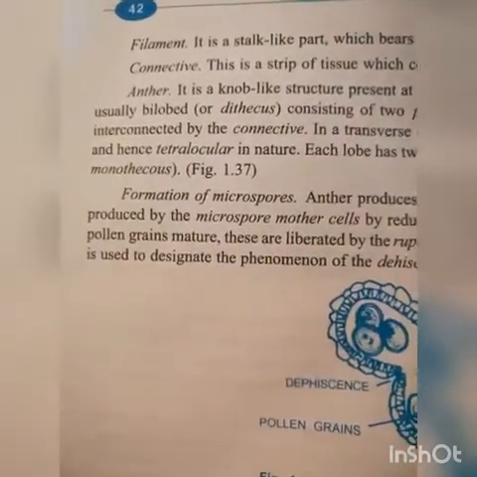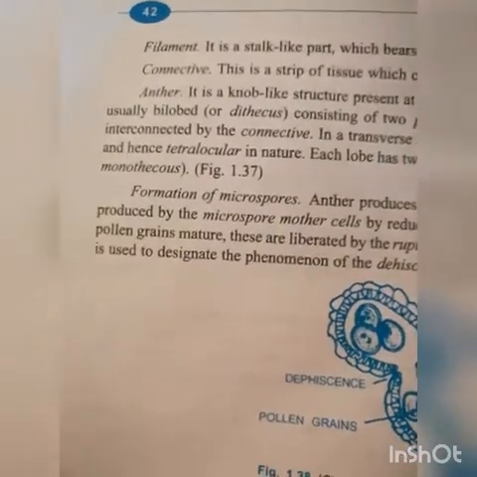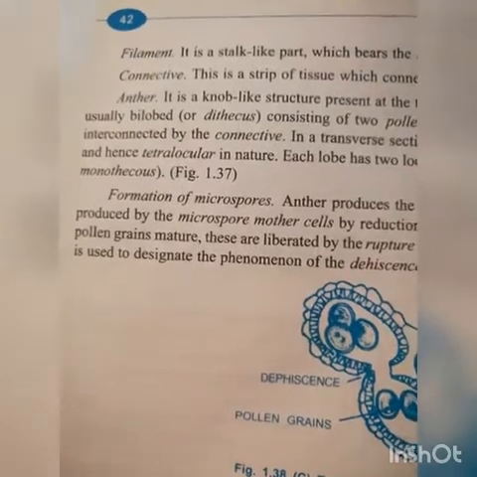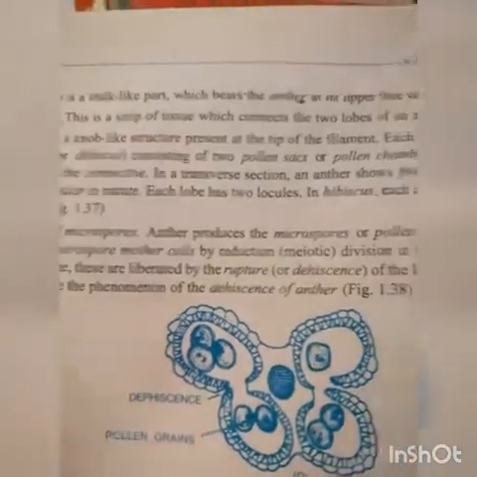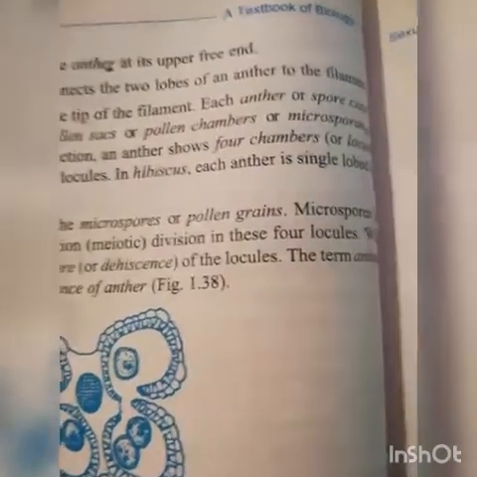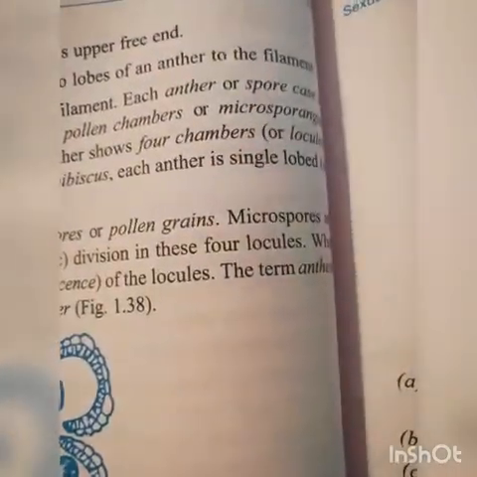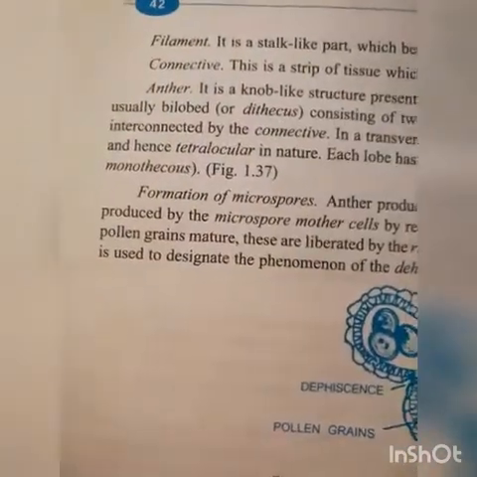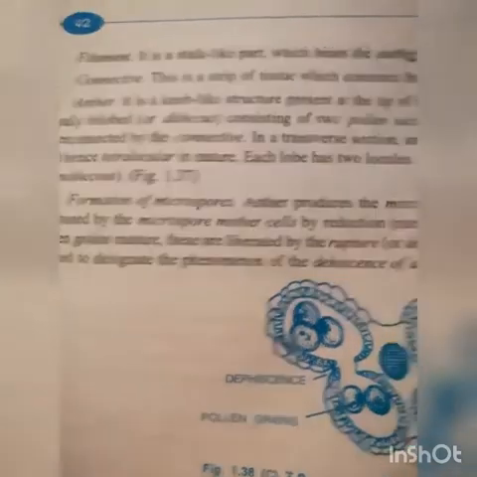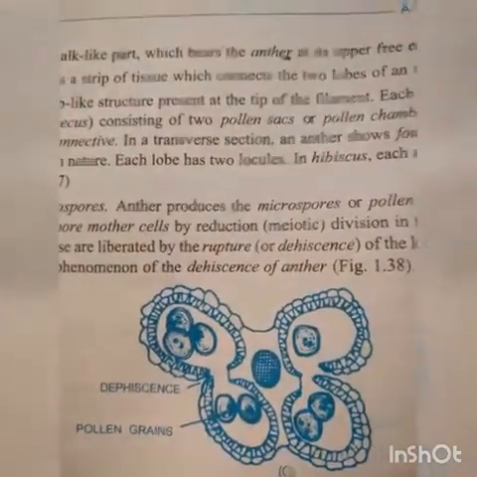Each lobe has two pollen chambers. In a transverse section, an anther shows four chambers or locules and hence is tetralocular in nature. Each lobe has two locules.